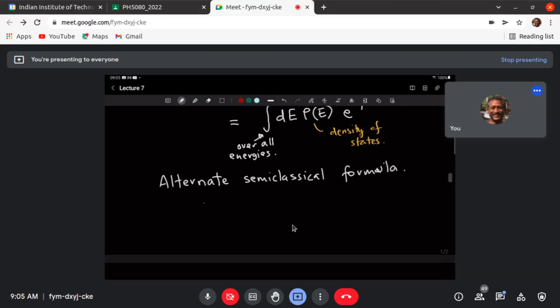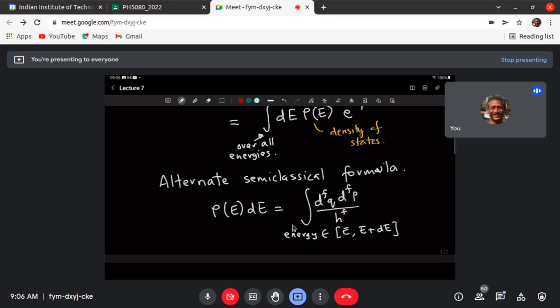So if you remember, we got the integral for rho of E, which was equal to an integral over all energies in the range E to E plus dE.